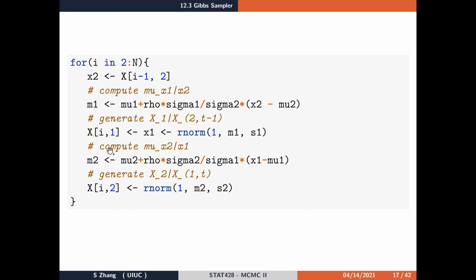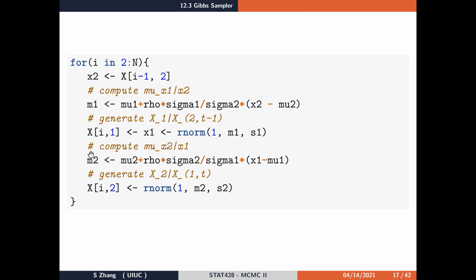After updating the first dimension, we'll update x2. Similarly, we compute M2, which is given by mu2 plus rho times sigma 2 divided by sigma 1 times x1 minus mu1, where x1 is the draw for the first dimension we just obtained.